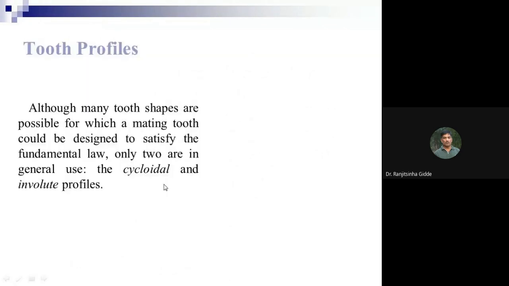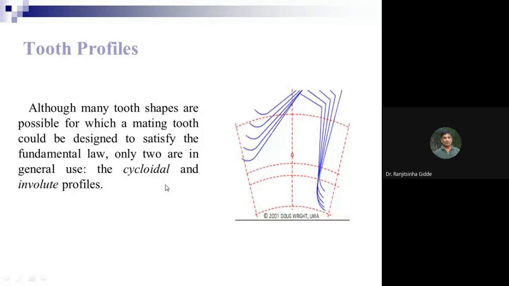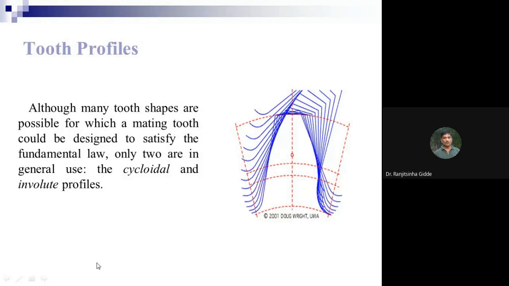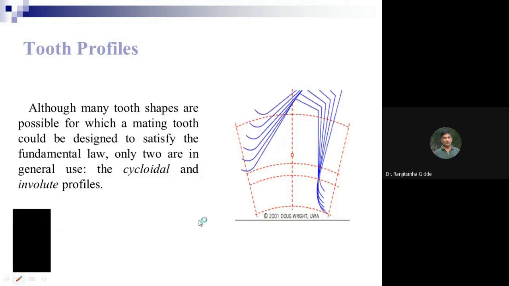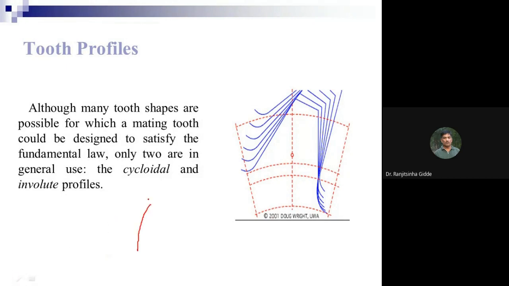Now we are going to discuss tooth profiles, or in other words, the forms of teeth. Right? So basically there are two types of profiles. So what is a profile? This is nothing but the profile.